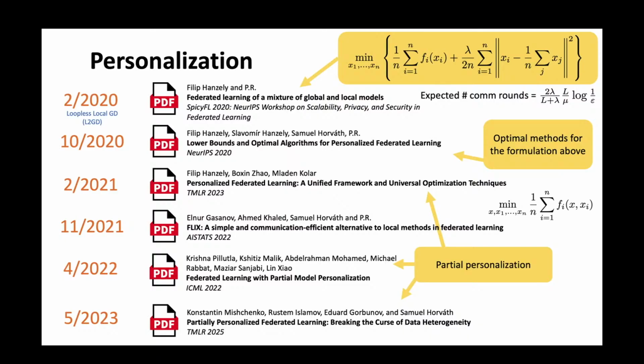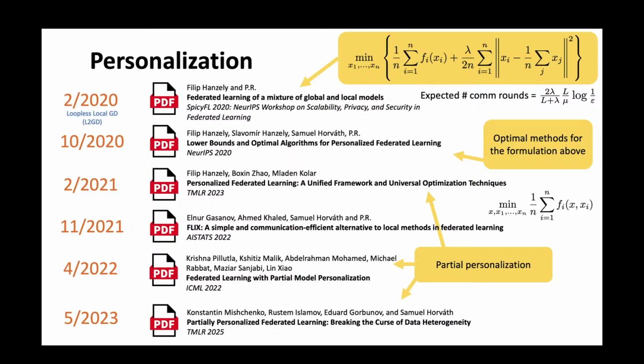So what does this mean? If the penalty is very large, then this tends to the classical formulation, because then all the x_i's must be the same, right? If lambda is 0, then this is not even federated learning. This is completely embarrassingly parallel or distributed optimization, because everybody just trains their own model. No communication has to happen.